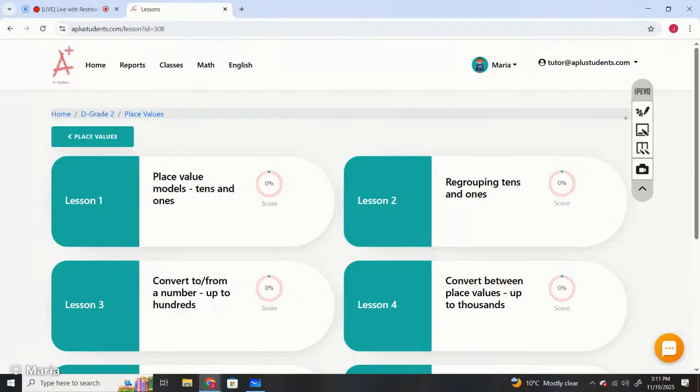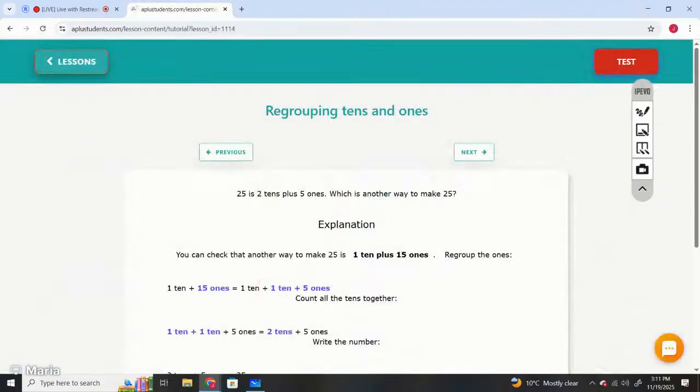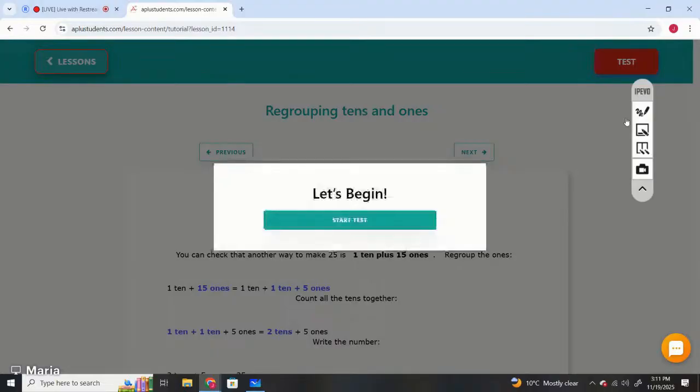The next one is regrouping tens and ones. 25 is 2 tens plus 5 ones, which is another way to make 25. So basically we are given the options, right? I'm going to start with the test questions so that we can see the options and I can explain easily.